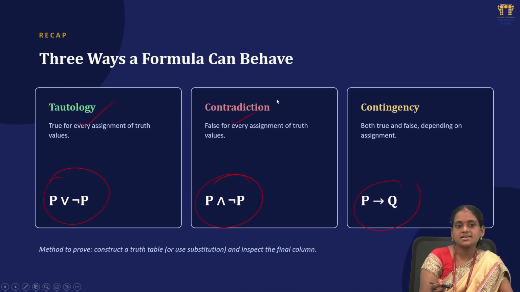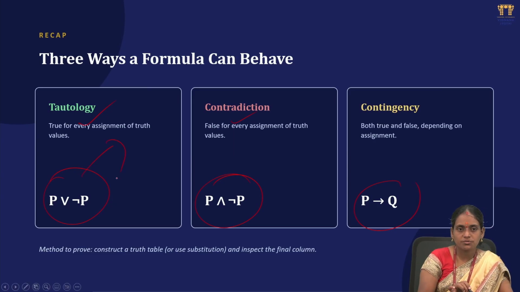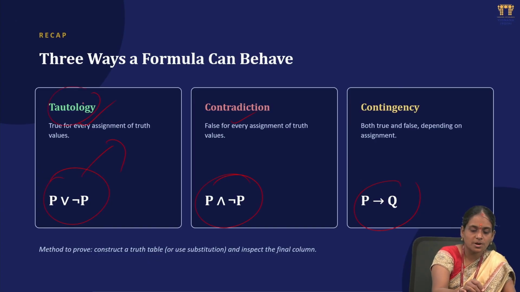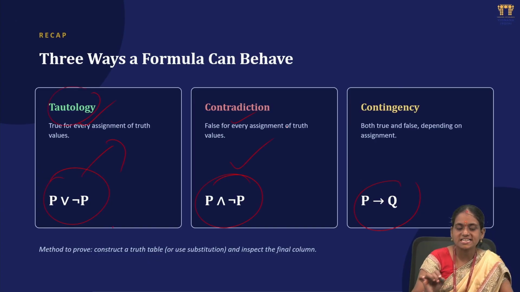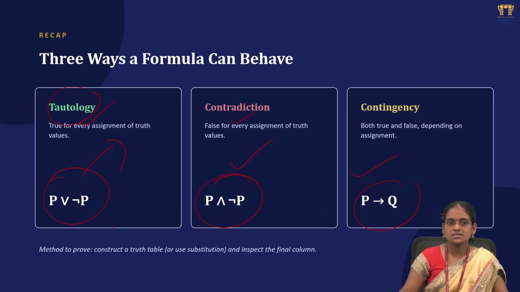But instead of that, to save time, if you remember the corresponding formulas, these can be used in further sessions. So remember: tautology formula is P or negation P. Contradiction formula is P and negation P. Contingency formula is P and Q, P implies Q, everything else. So these are the topics that we discussed in this lecture. In the next session, we are going for logical equivalence. Thank you one and all.